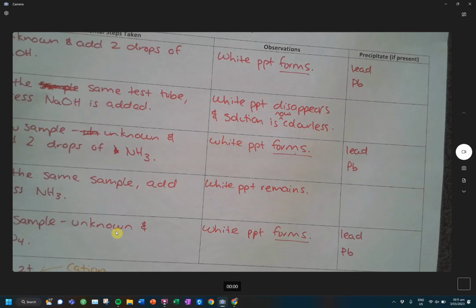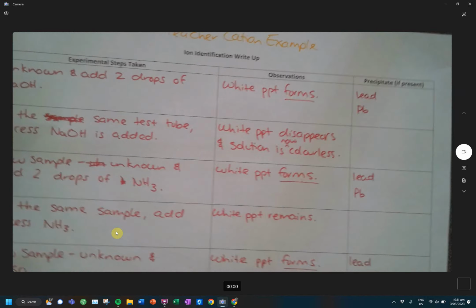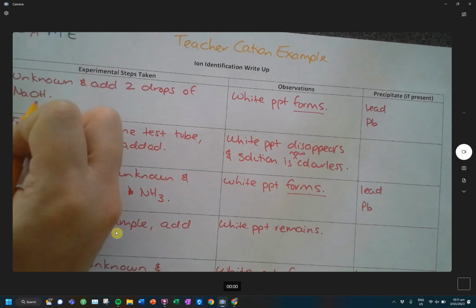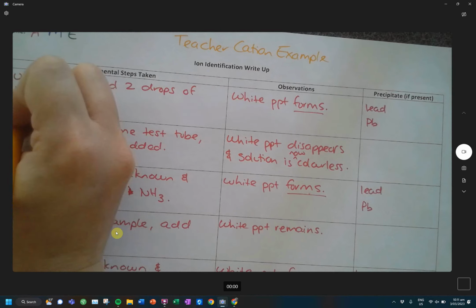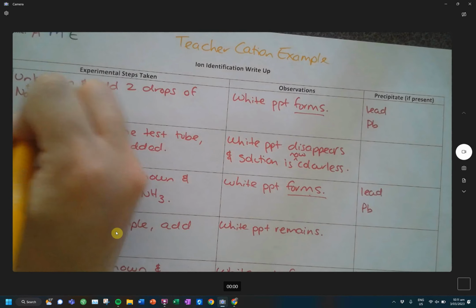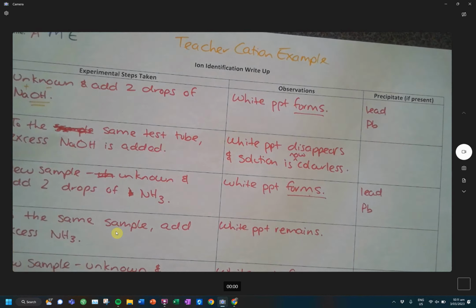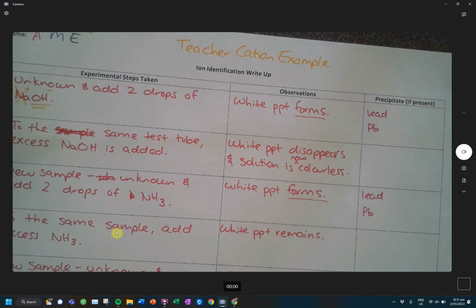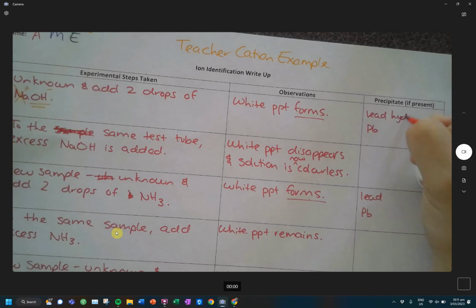We good? All right. So when I look at my first step here, unknown, and added 2 drops of sodium hydroxide. Sodium is a +1 ion and hydroxide is a -1 ion. So I want to have the hydroxide in this case. We are ignoring cations because we already have identified a cation. So this would be lead hydroxide.